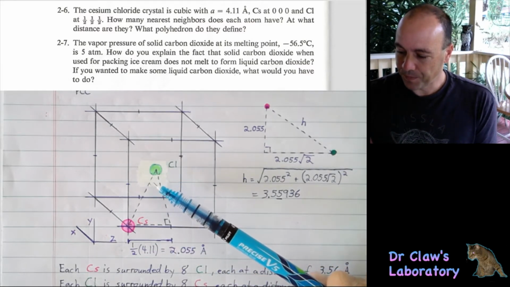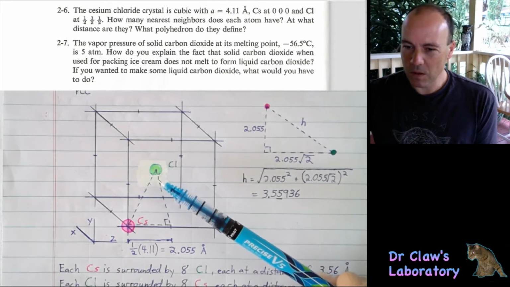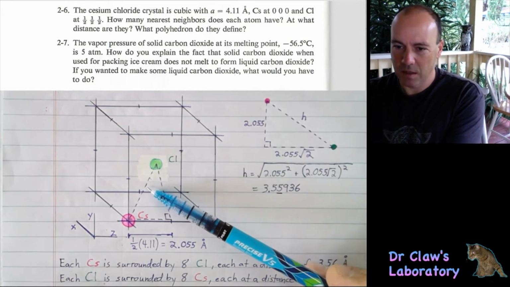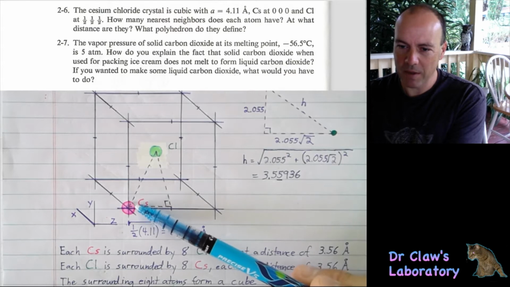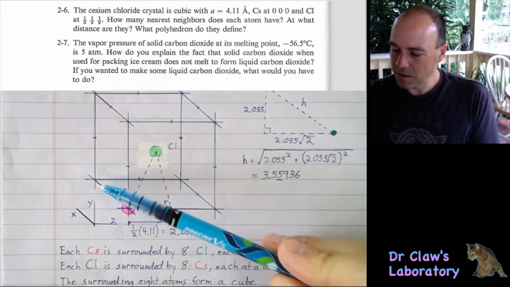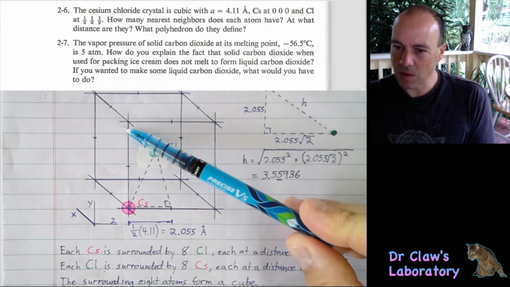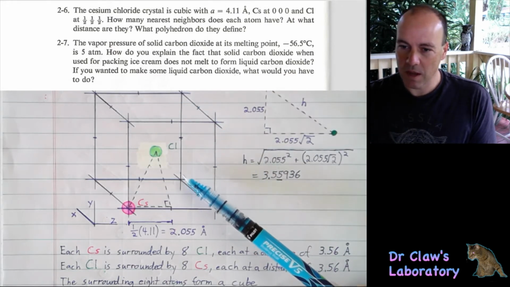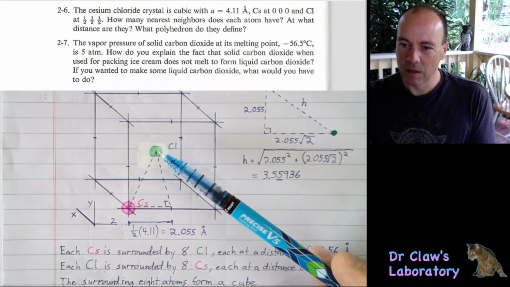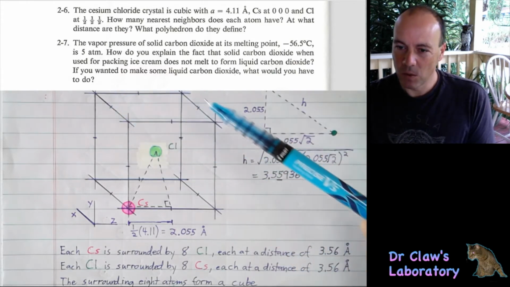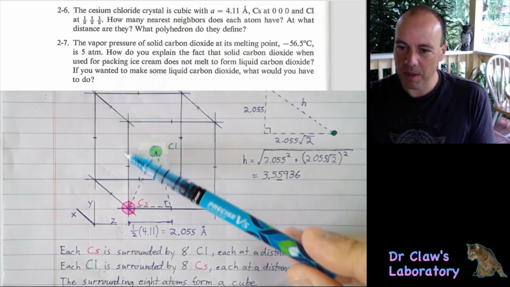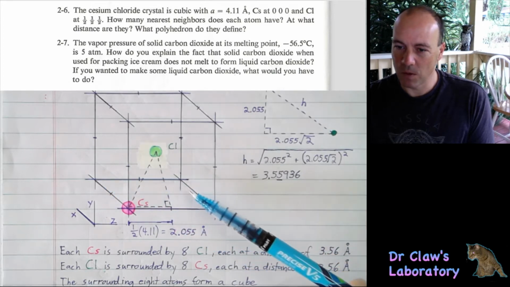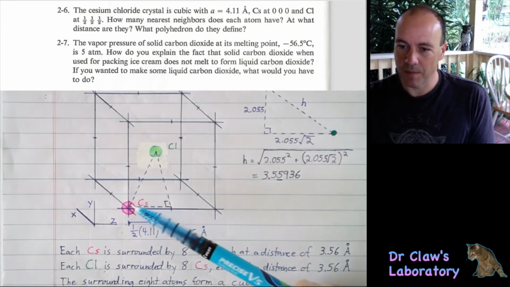Now, if you visualize this in your mind, if you have a cesium right here, then there's also going to be one at each of these corners throughout the lattice, which means that the chloride in the middle would have 4 cesium neighbors up here and then another 4 down there.